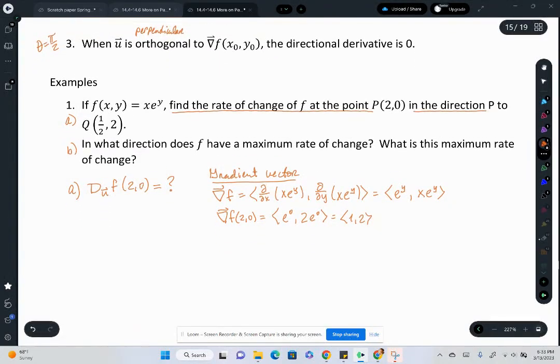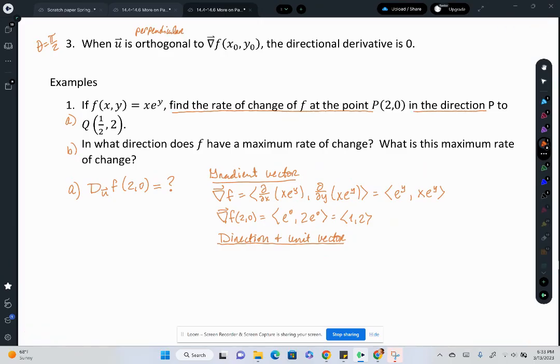Now we need our unit vector, or direction. So it's not just a direction, it's also the unit vector that points in that direction. Okay, so we're given 2 points, and our unit vector should be equal to the directed line segment PQ, and then divide out the magnitude of the directed line segment PQ. Okay?